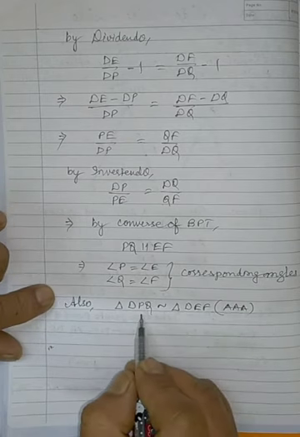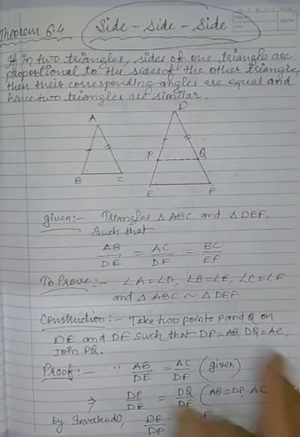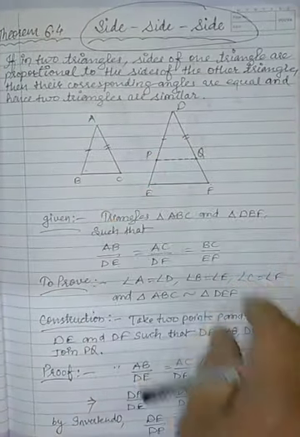Now triangle DPQ is similar to triangle DEF. This means that their corresponding sides will be proportional.